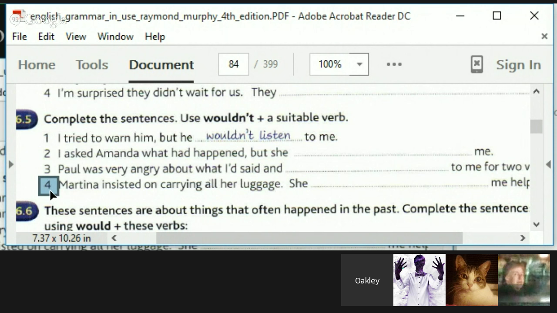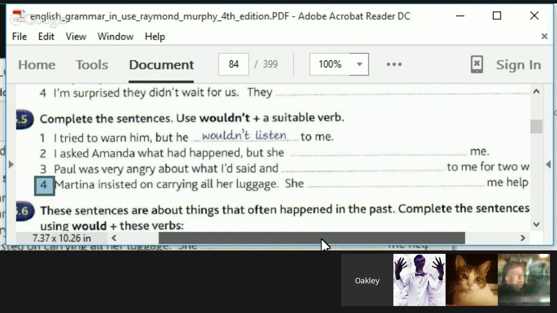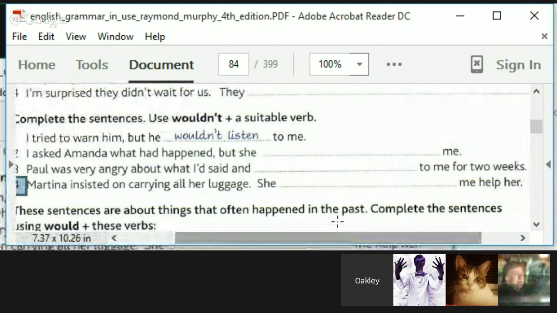Okay, David, number 4. Martina insisted on carrying all her luggage. Well, I think it's going to be negative, David.